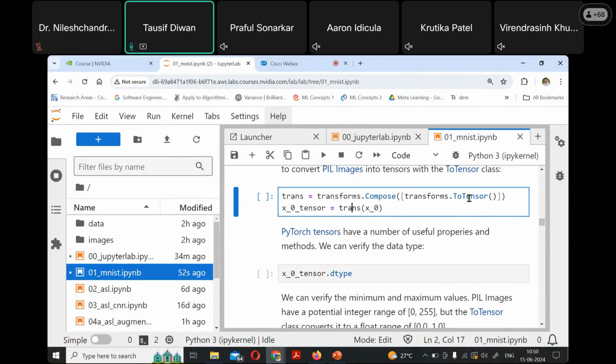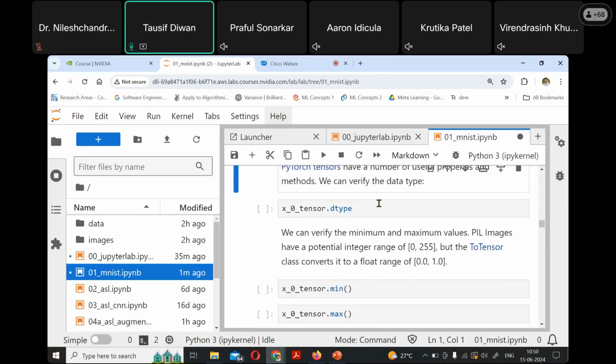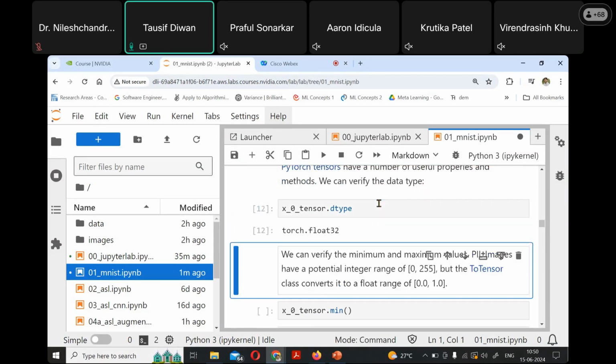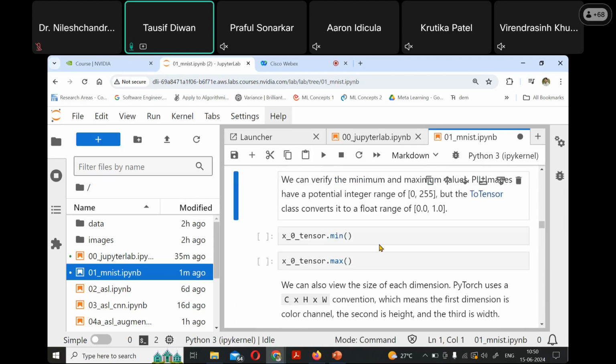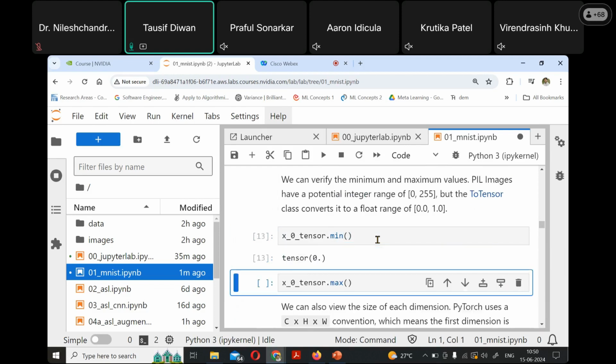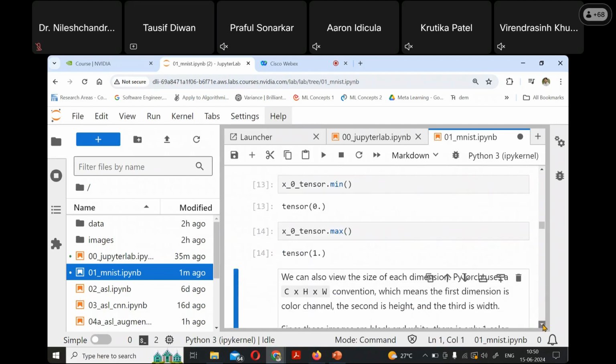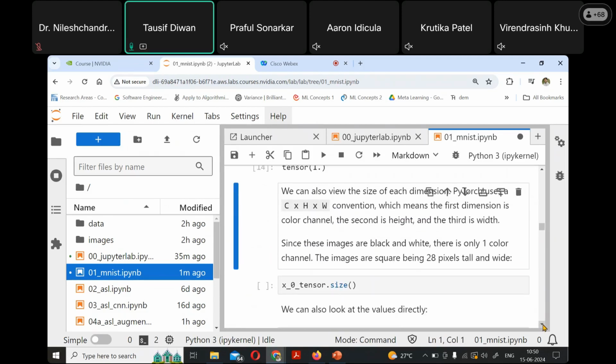So the initial range was 0 to 255. Now the new range would be 0 to 1. Okay. Now just run this. See the type. Here we can see the type is floating point 32. Okay. Min is 0 and maximum is 1.0. This is how you can convert the images into tensor.